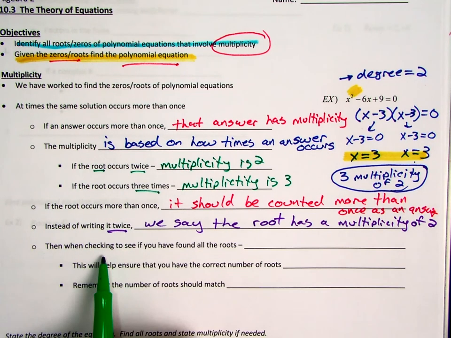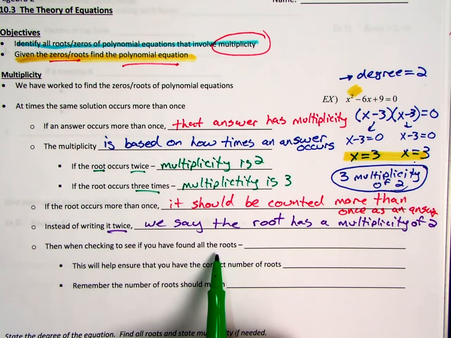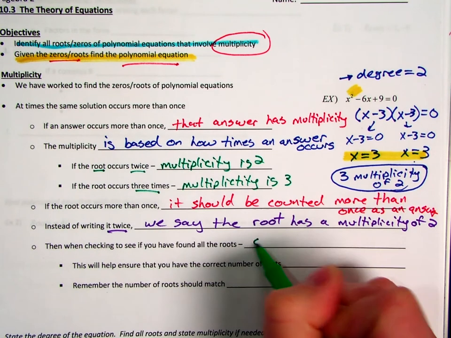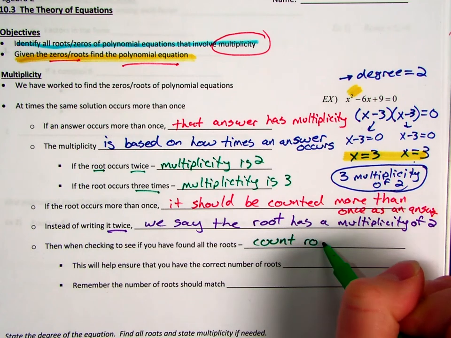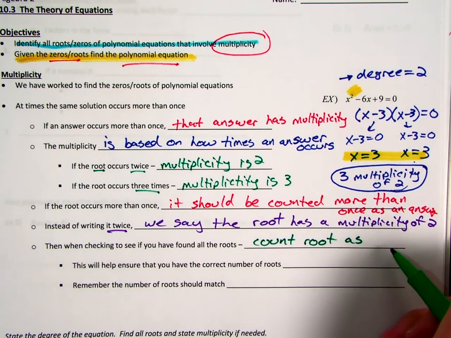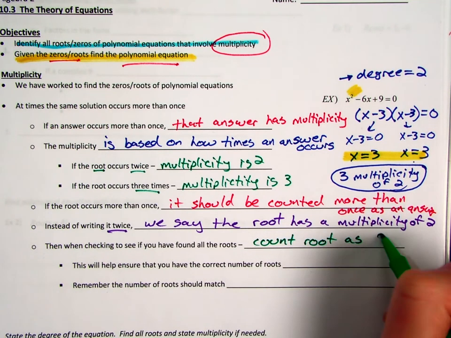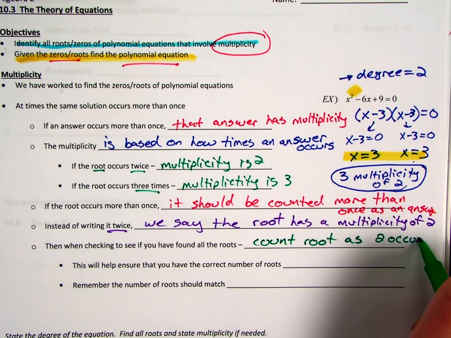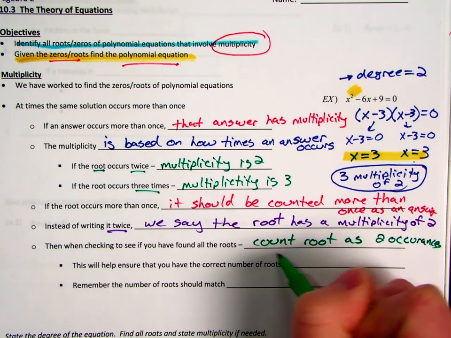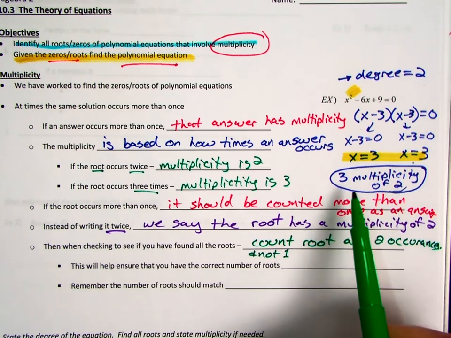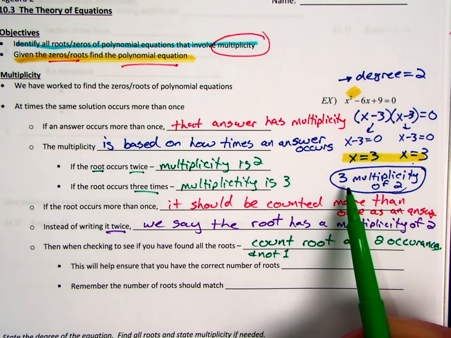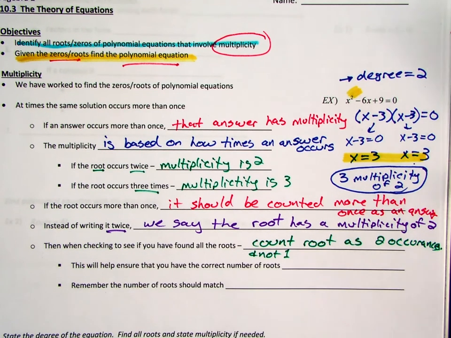When you're checking to see if you found all of the roots, you count the root as 2 occurrences or 2 solutions and not 1. Because although we would think that there's only 1 solution and it's 3, that 1 solution occurs twice, which allows us to say that we've met the 2 solution requirement.